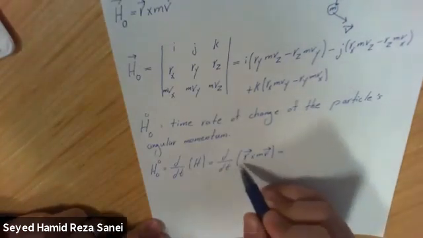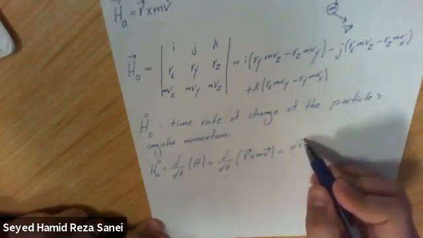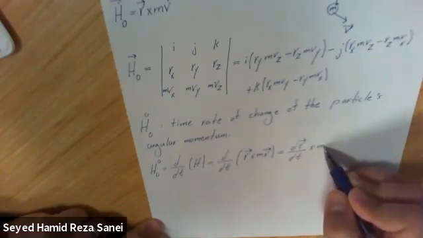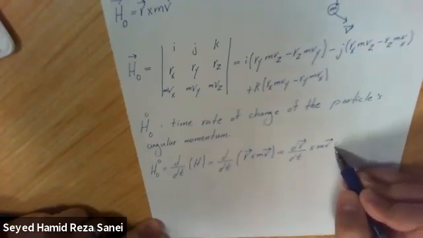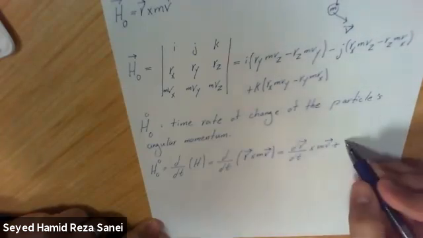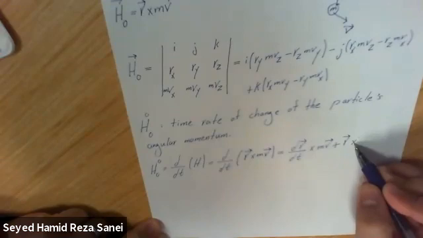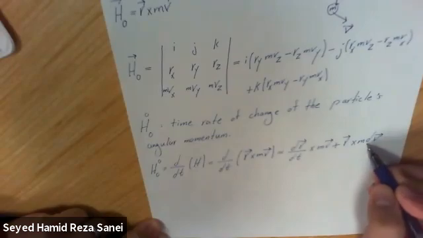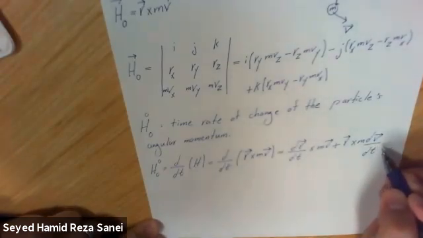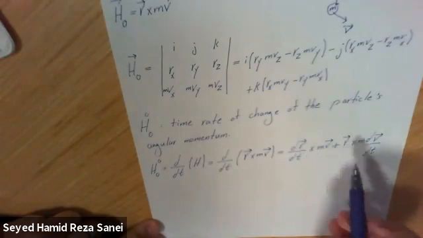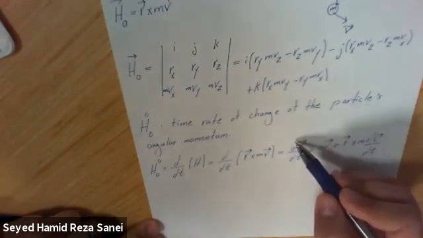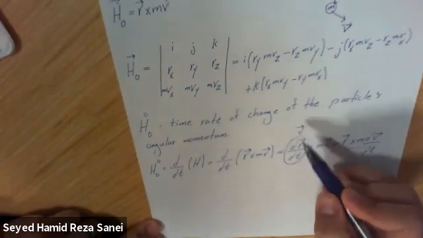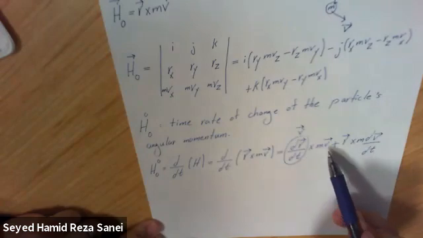So let's do that. Derivative of r, dr with respect to dt, cross mv, that's the first term, plus now we just keep the first component and take the derivative of the second component. m is a constant, and then dv over dt. If we look at the first component, dr over dt would be the velocity. So velocity cross product mv.